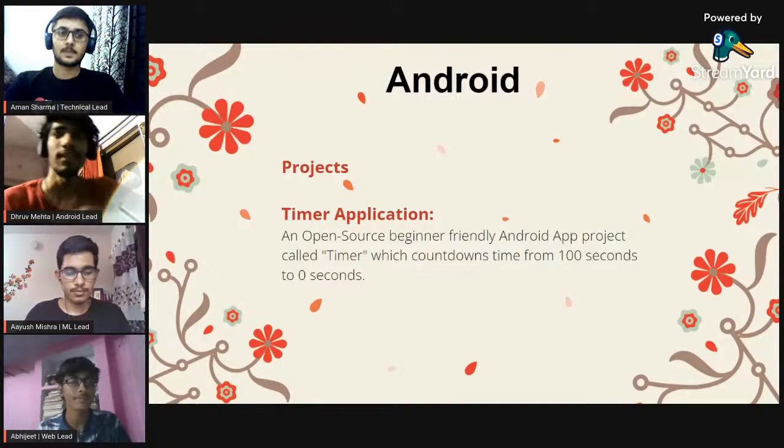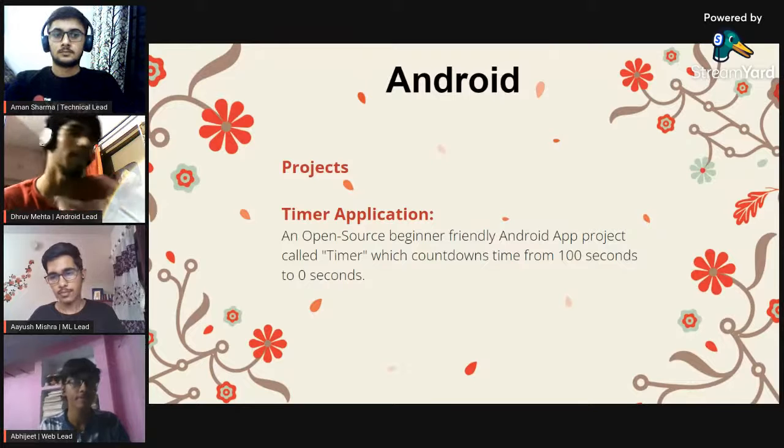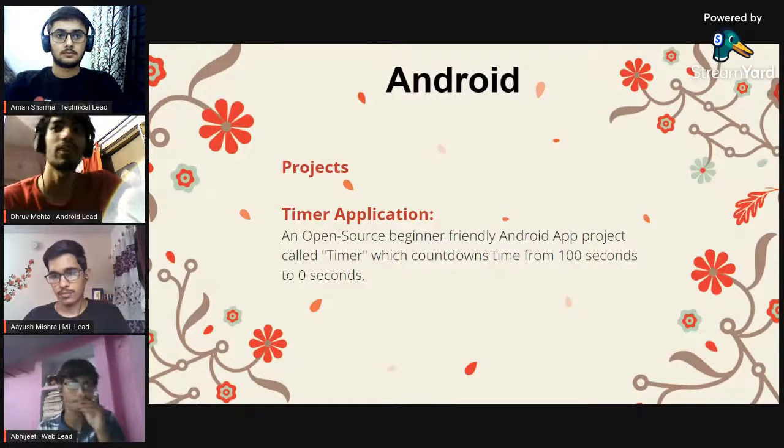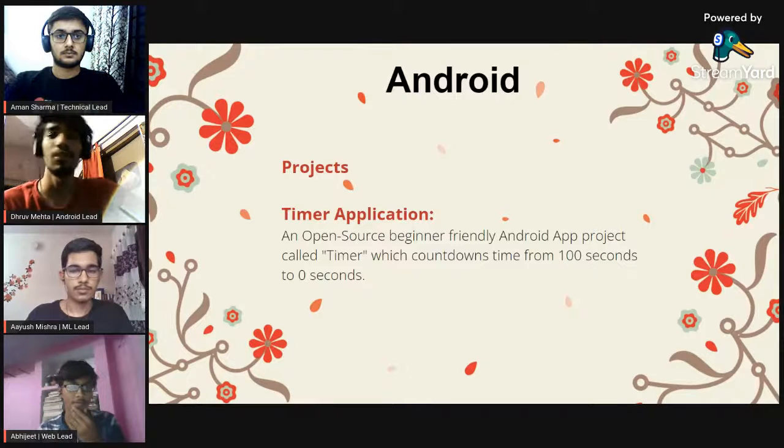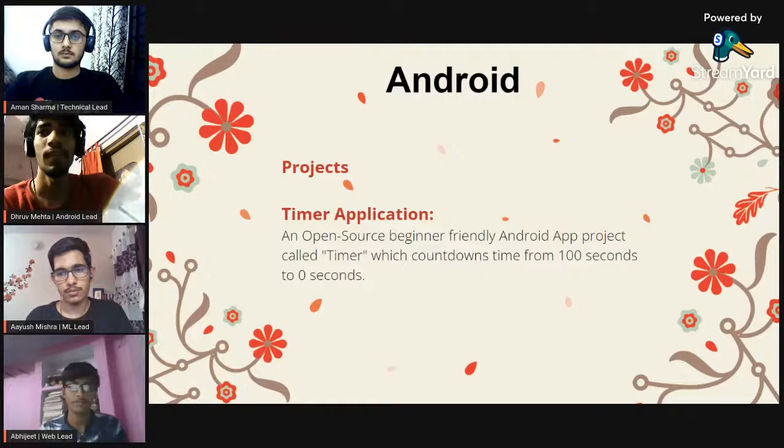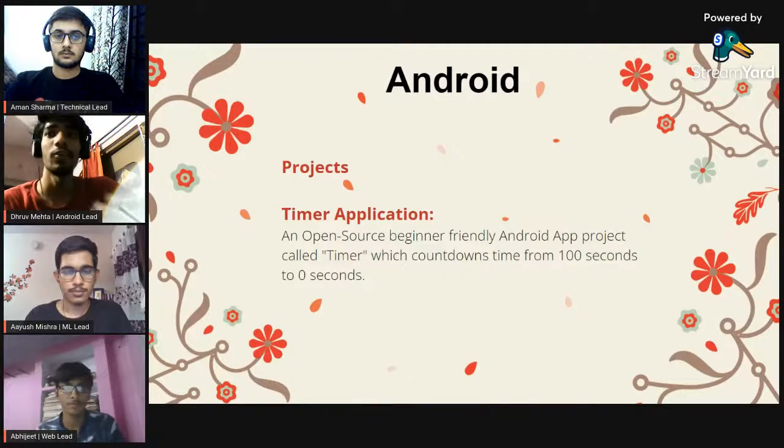So as you can see, for Android, we have made a very beginner-friendly Android app project called Timer, which counts down time from 100 seconds to 0 seconds. For this particular app, we want contributions from all of the Android devs out there so that we can make this app a fully fledged stopwatch app. If you guys are active and contribute heavily, we can further enhance and add more features to this project.